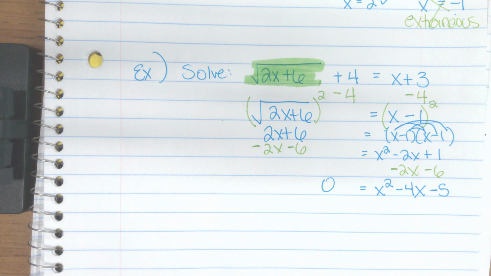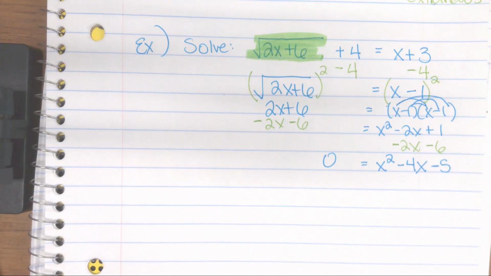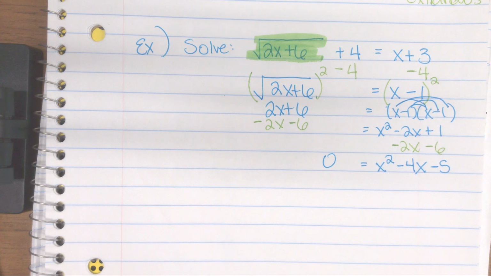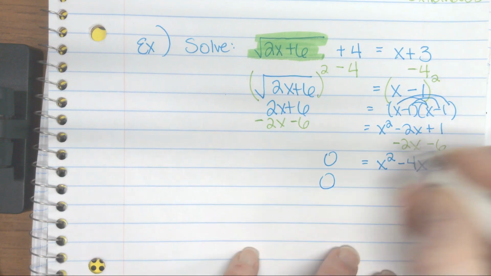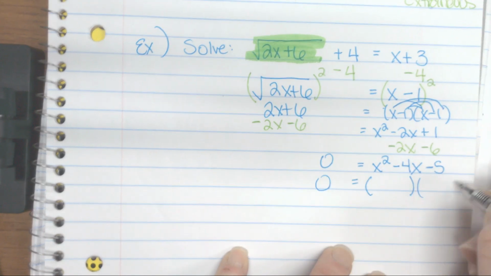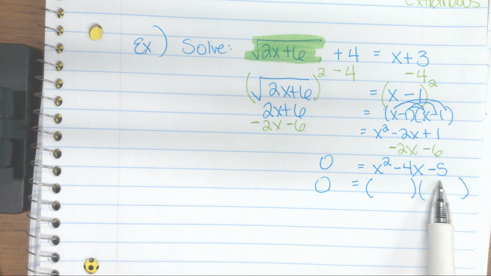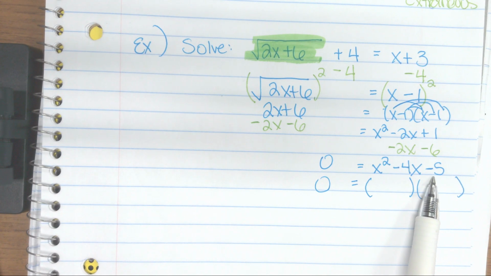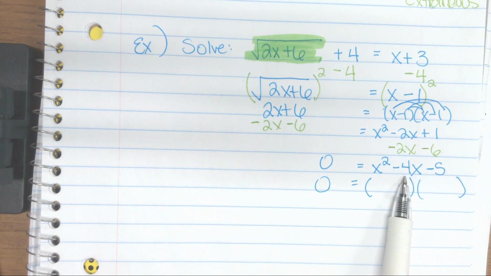While I'm waiting for some of you to catch up, if you feel comfortable factoring this, go ahead and do that. I'll give you a second. So multiplies to be negative 5, adds up to be negative 4.